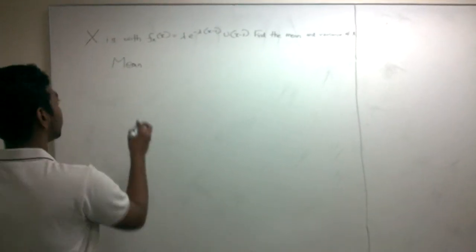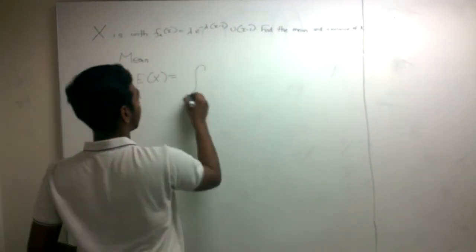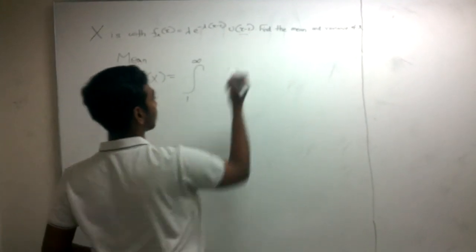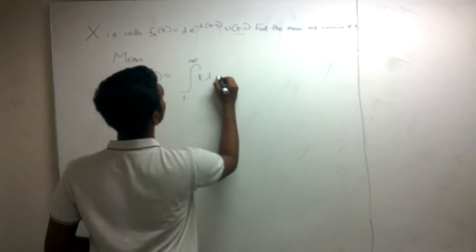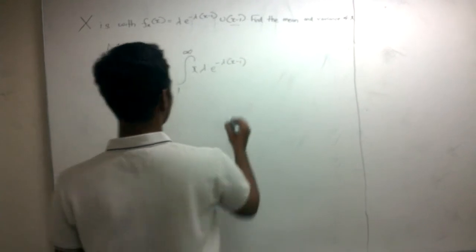The mean of X is E[X], which is given by the integral from 1 to infinity, taking into consideration the u(x minus 1) factor, of x times lambda e power minus lambda (x minus 1) dx.